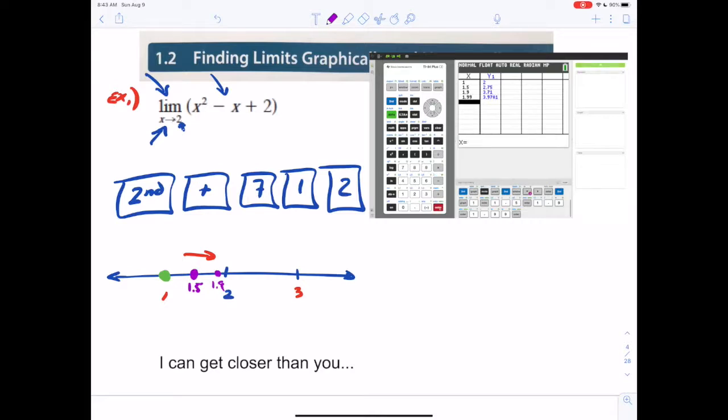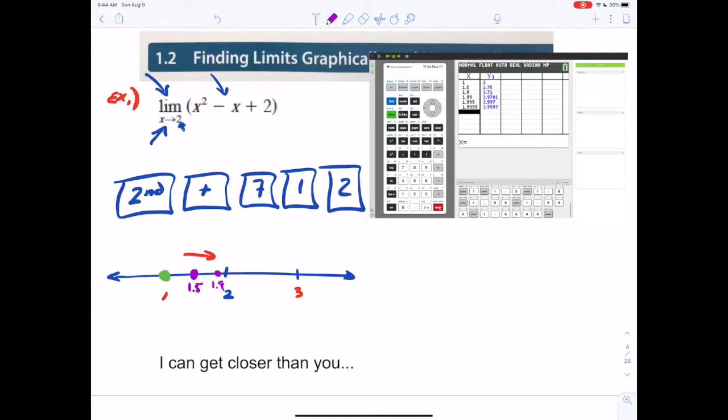Can you get even closer? You could even go 1.999. We could do this all day. I'll go another digit over.